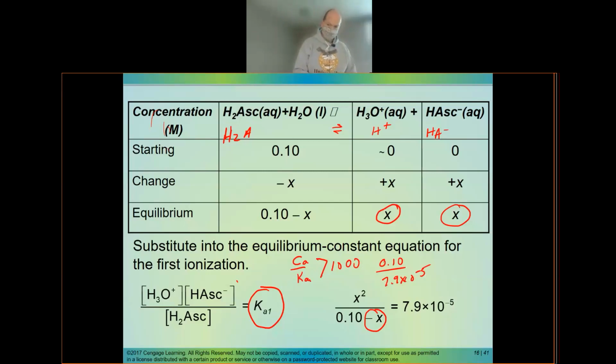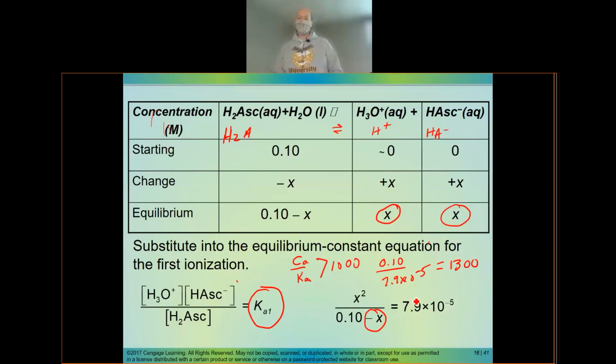0.1 divided by 7.9 times 10 to the minus 5. That's going to be barely good. You get about 1,300. So when you divide that, you get the 2 sig figs, 1,300.